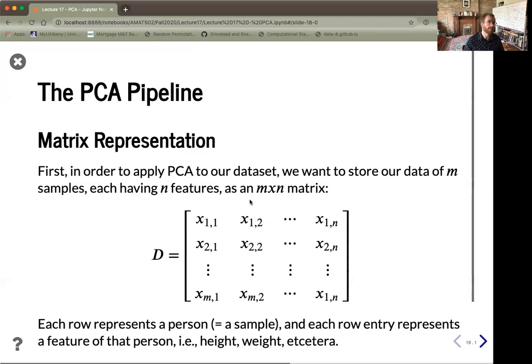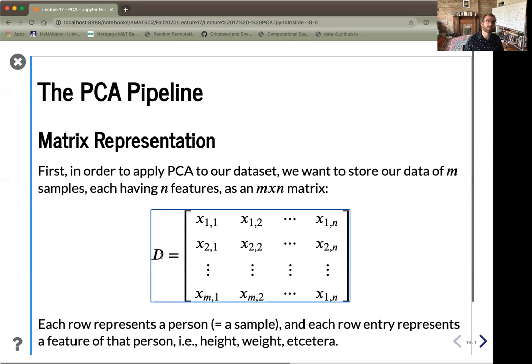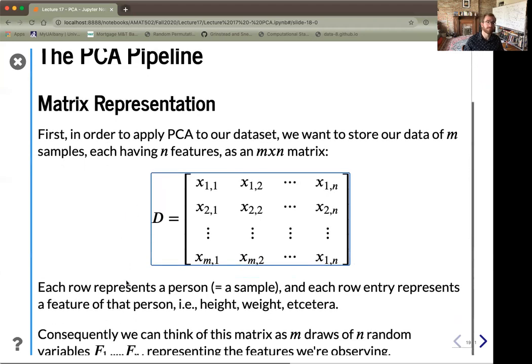In this setup, if we have m rows and n columns, then we're studying a population of m samples, but measuring n features. This means that we embed our samples as points in an n-dimensional vector space, and that's all encoded in this matrix D. Notice D is not diagonal like before; I'm just thinking of D as data.